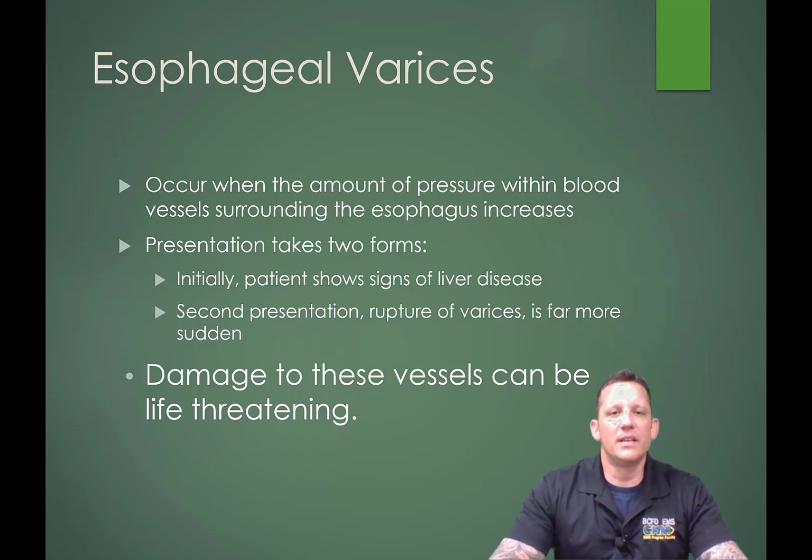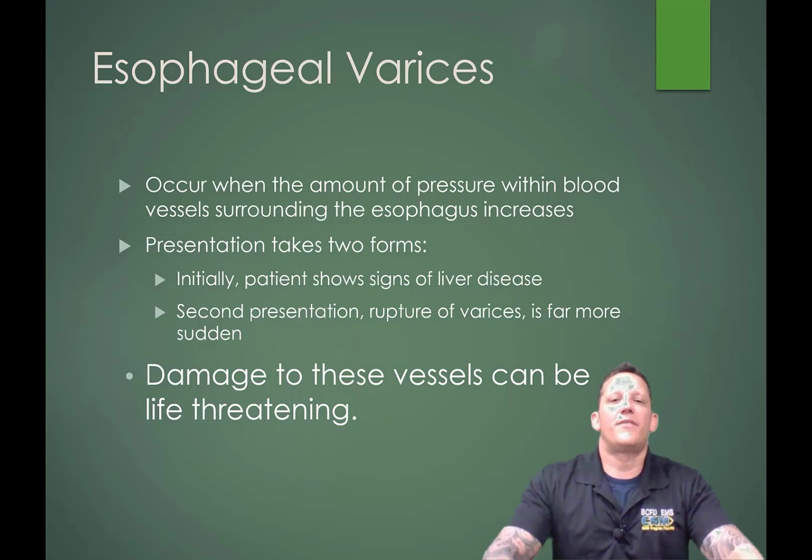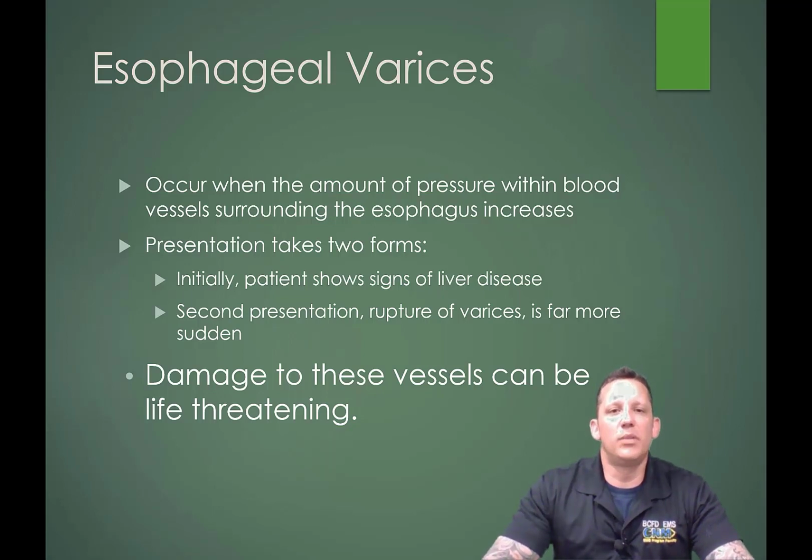When this happens around the esophagus, the issue is that now we have a very fragile vessel that can empty blood into the esophagus itself and then secondarily into the stomach. So the amount of pressure that's creating this varix will increase and increase, and then initially the patient really doesn't have any problems, and then suddenly we have some kind of a bleed, right?